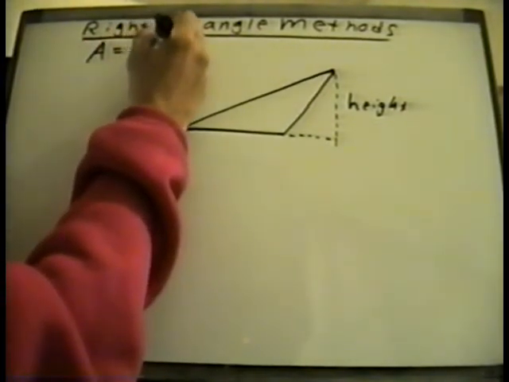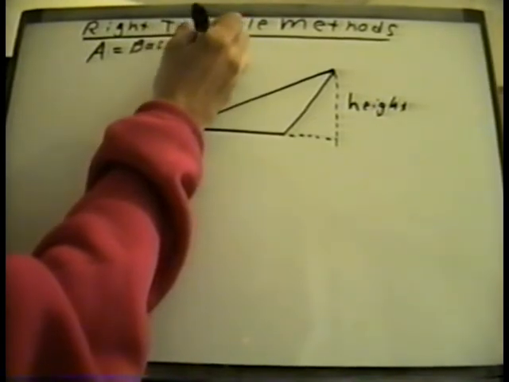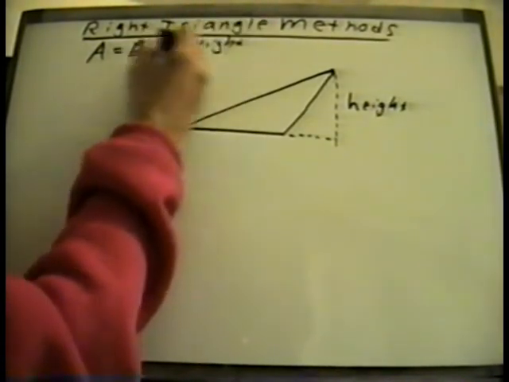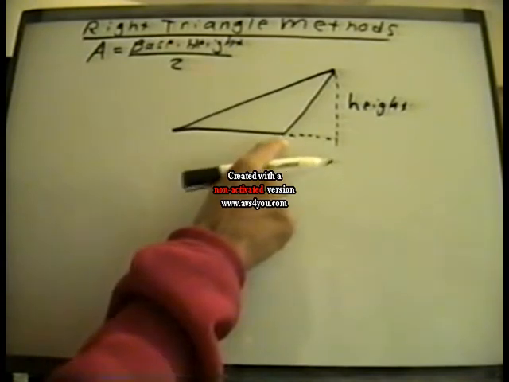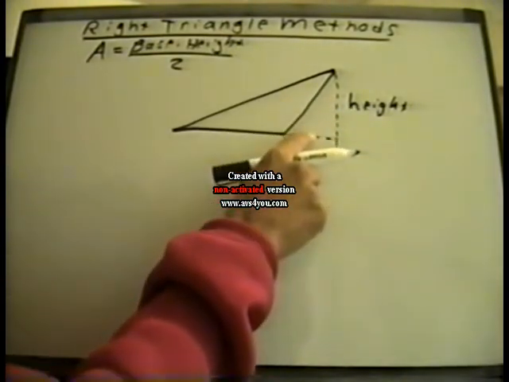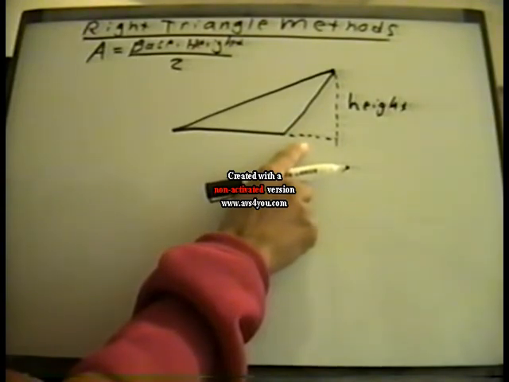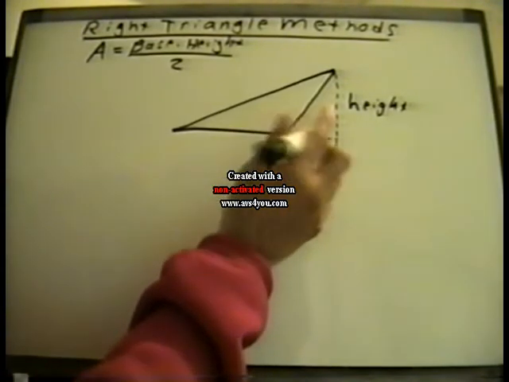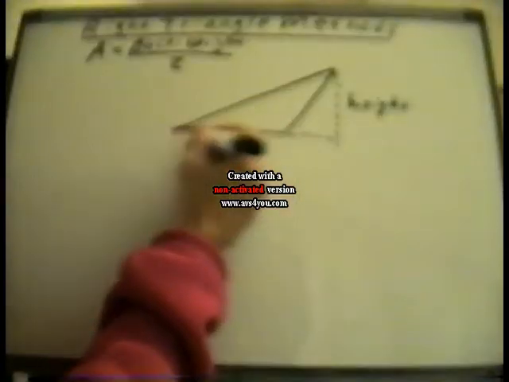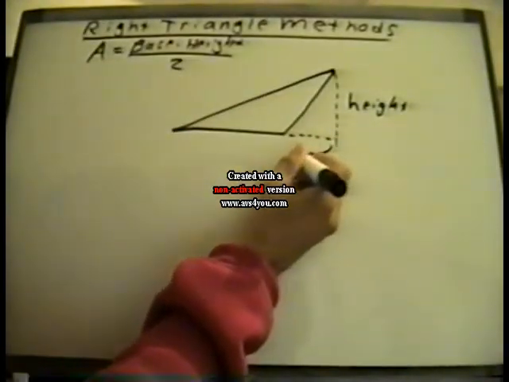Because to calculate the area, remember the area equals base times height divided by 2. So after drawing a height, which line are you going to use as your base?